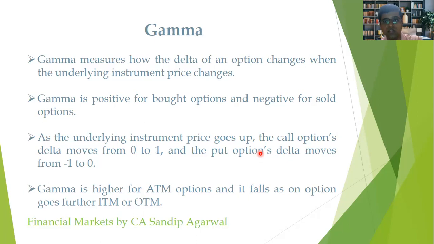So if the delta of that particular put option is 0.5 and the gamma is say 0.05, with every movement, the delta of that particular option will start going in the downward direction so that it becomes less than 0.5. So gamma is always higher for at the money options and it falls as the option goes further in the money or out of the money.